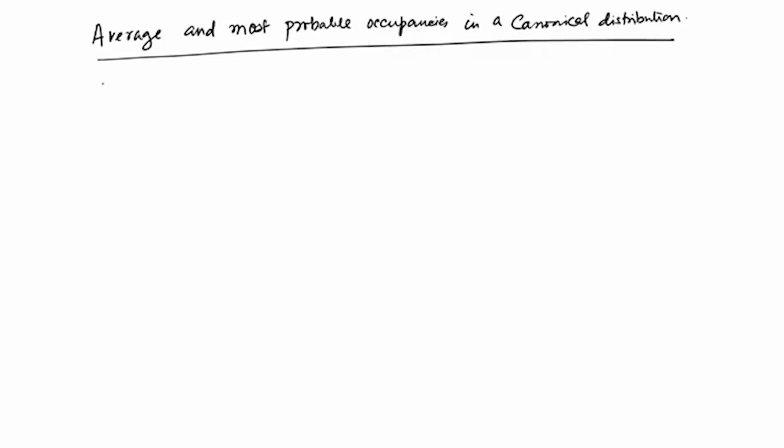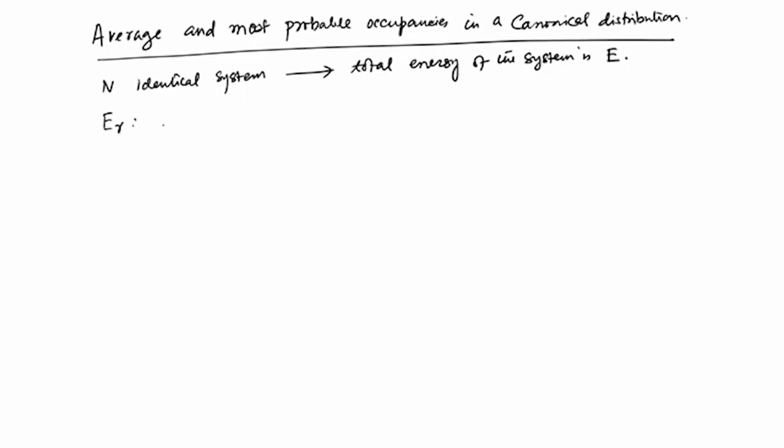Okay. So, we consider an ensemble of, say, identical systems. So, there are N identical systems which are members of the ensemble, and the total energy of this system is E. And E_R are the different energy levels, with occupancy N_R.